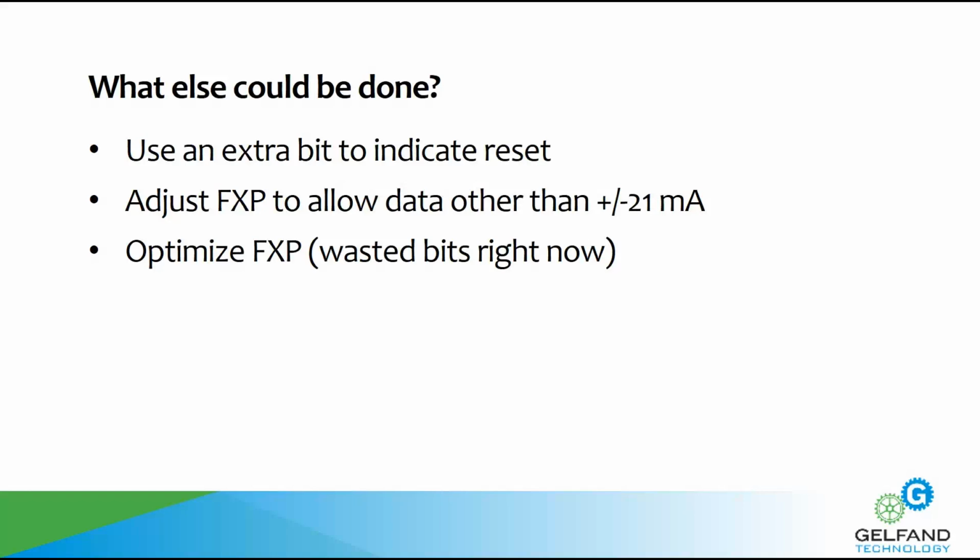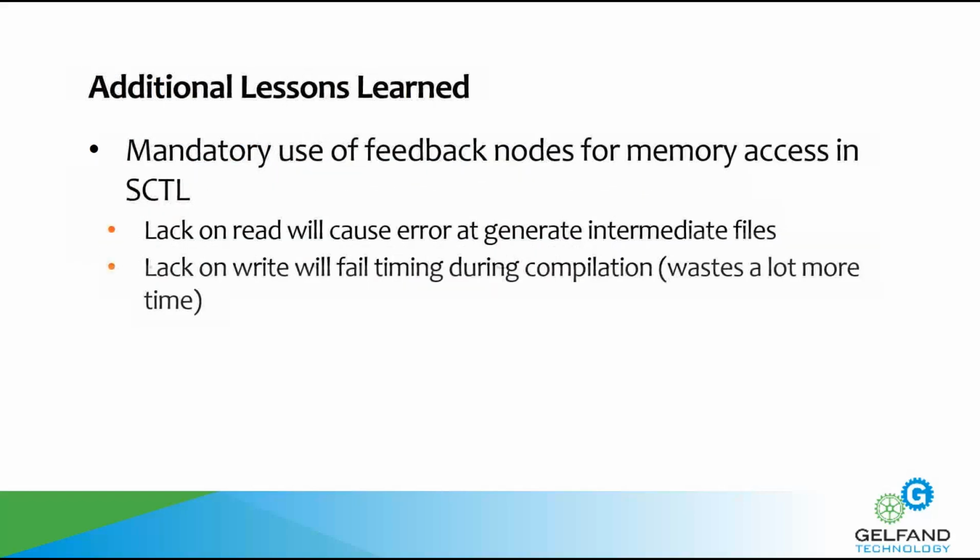Right now, this one is built only for effectively plus or minus 21 milliamp signals. If I wanted a 10.2 volt module, it's not going to work. I'm going to have to resize my fixed point numbers to allow for both. And I could also optimize utilization just a tiny little bit by getting rid of those wasted bits.